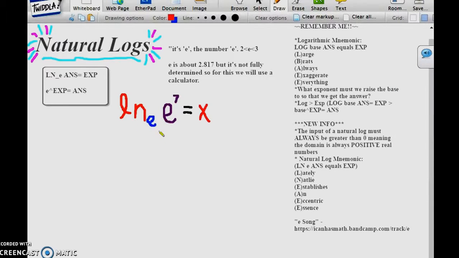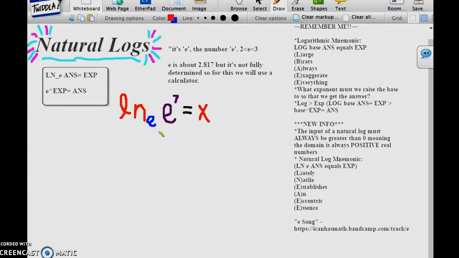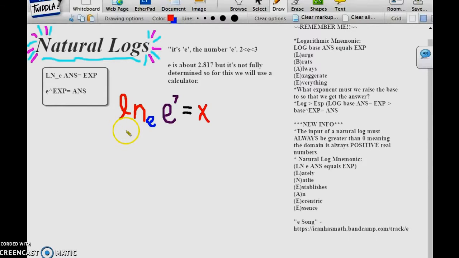Okay, so a question that they might ask you will look like this, and basically they'd ask you to solve for x, or what is the value of x, and a lot of people get tripped up on it because they don't understand how to convert between the two. Basically, all you have to do is convert from a logarithm to an exponent using this over here.